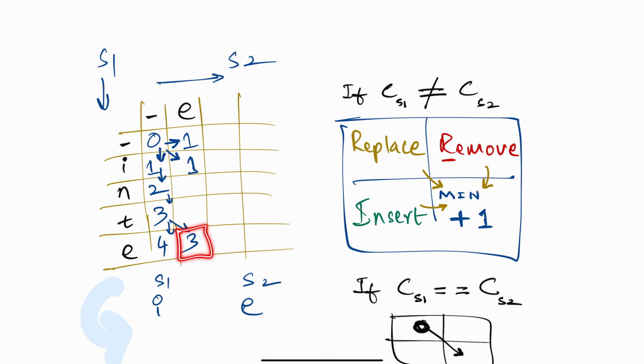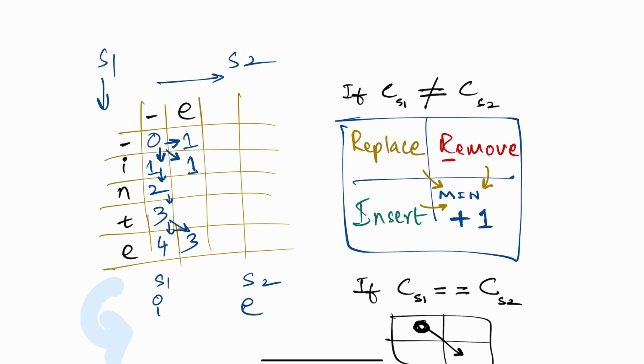What are those 3 operations? Delete I, delete N, delete T, then keep E as it is, I'm not going to do plus 1. So as it is, I'm taking the values. Only this 3 is for deletion of I, N and T. Rest E is matching with E. I will keep it as it is.